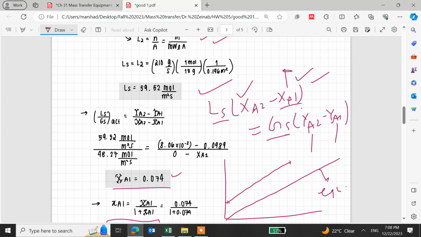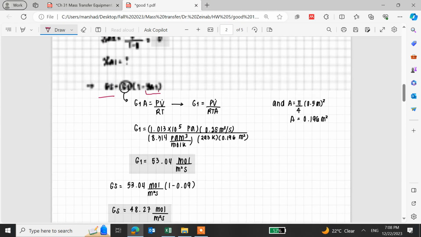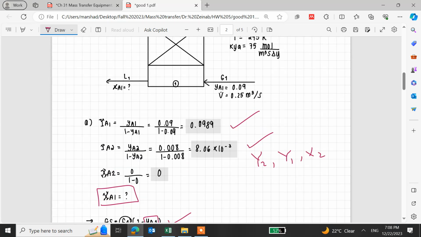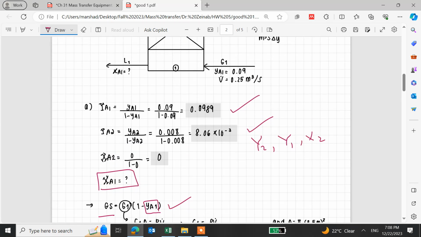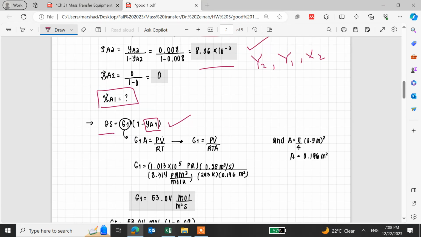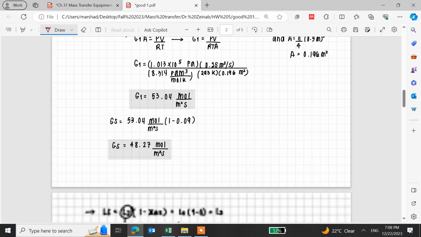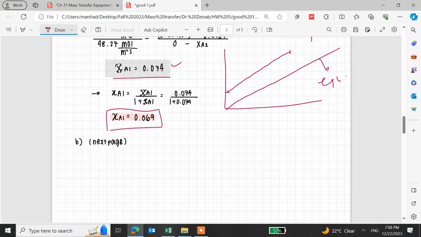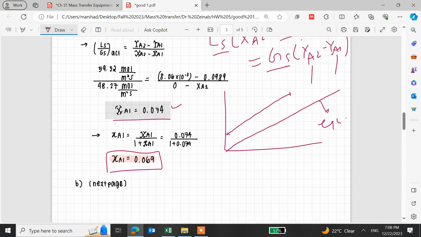Okay, so we need to integrate from capital Y2 to Y1. So what we need to do, we will start from here. This is y2, y2 star.